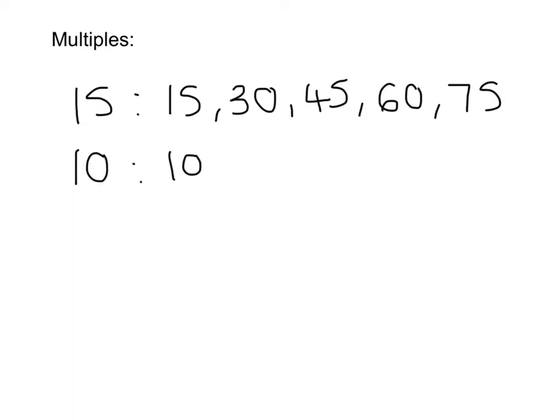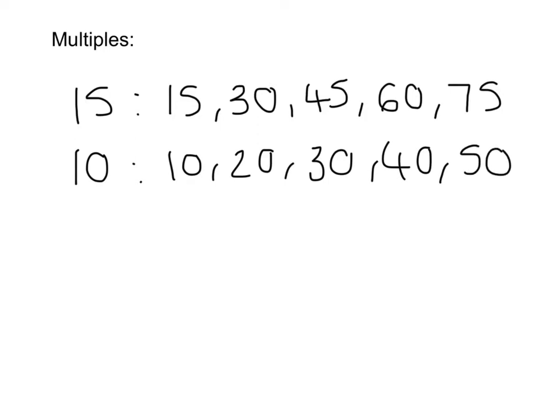Well, those are 10, 20, 30, 40 and 50. So what's the lowest common multiple? Well, again, let's look. Is 10 in the 15 times table? No. Is 20? No. Is 30? Yes, it is. 30 is in both. Therefore, the lowest common multiple of 15 and 10 is 30.